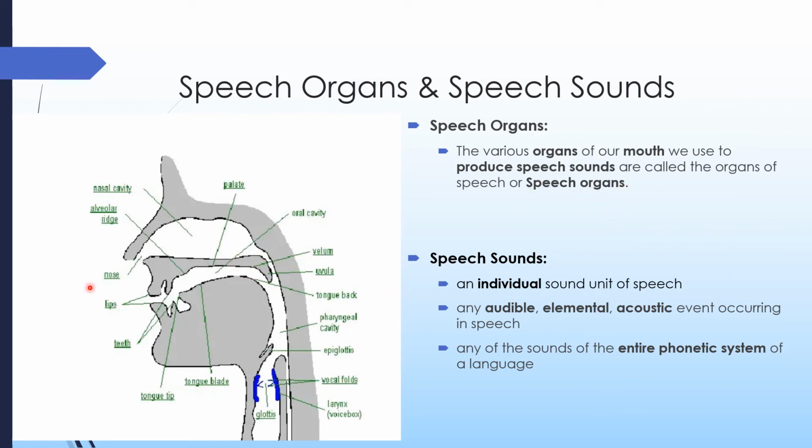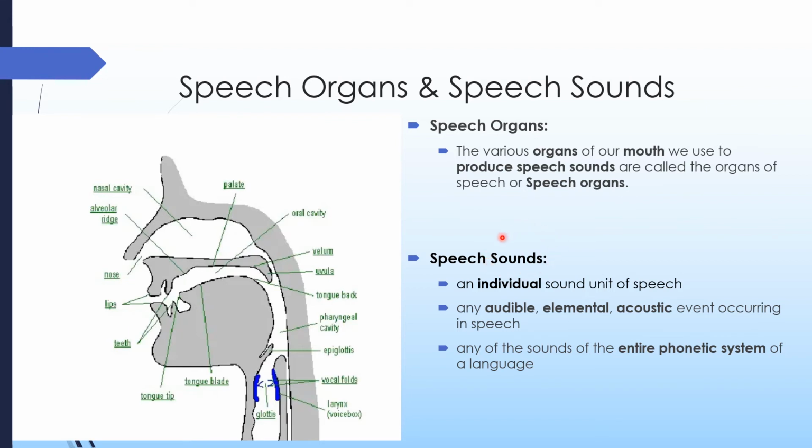So we can say the nose, lips, teeth, tongue tip, tongue blade, glottis, larynx, vocal folds, epiglottis, pharyngeal cavity, tongue back, uvula, velum, oral cavity, palate, nasal cavity, alveolar, all these organs are referred to as speech organs.